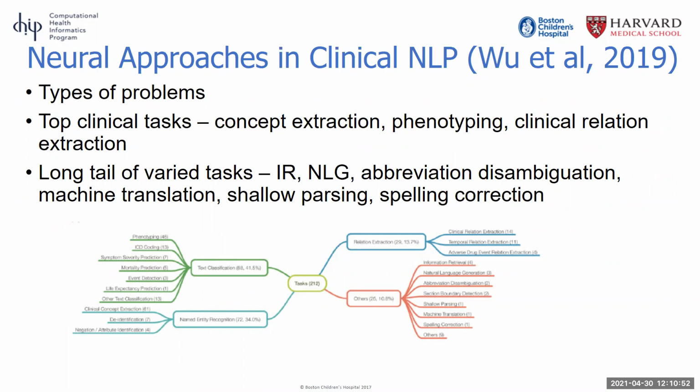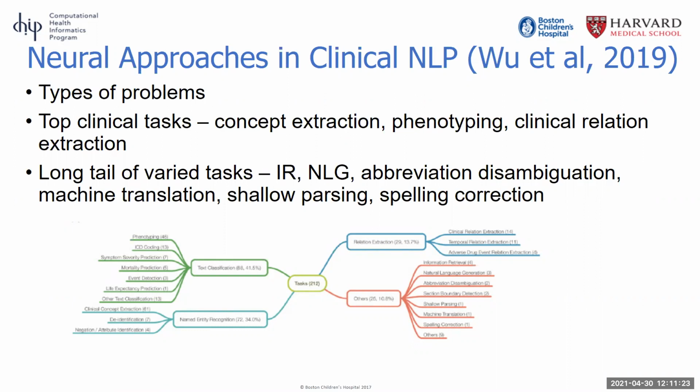The top clinical problems, or the most popular clinical tasks, are still the concept extraction, the phenotyping, and clinical relation extraction. However, there is a very long tail of other tasks, such as information retrieval, natural language generation, disambiguation, translation, which is very important, some forms of shallow parsing, spell correction.